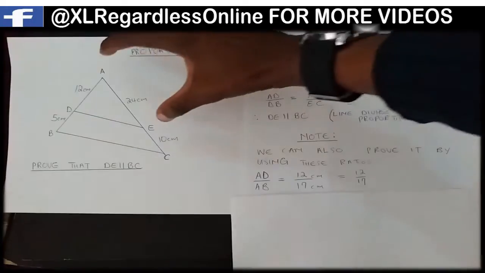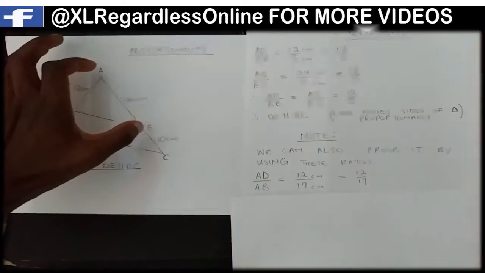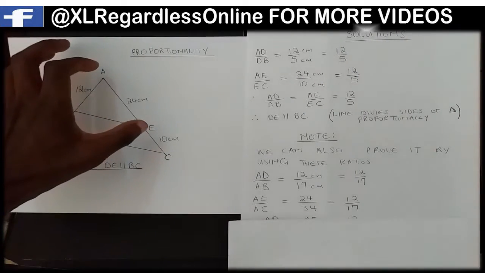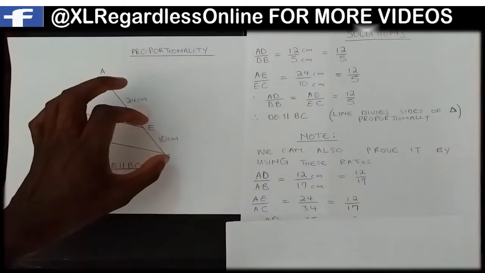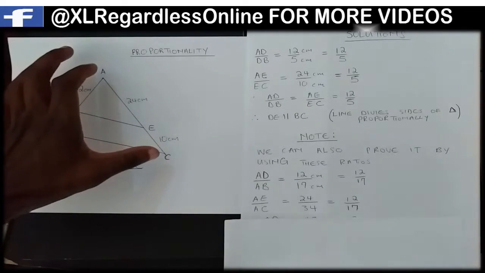We must also check the ratio of the top all over the whole side for this side, right? So AE will be how much? AE is just 24, and when we add AE and EC to get AC, we get that AC is equal to 34, right?